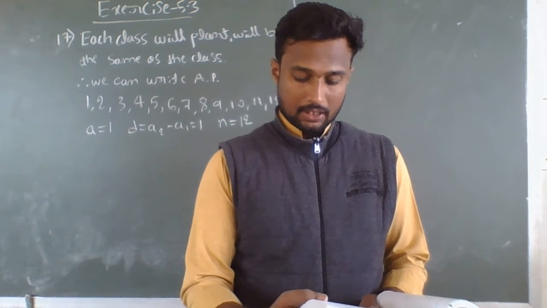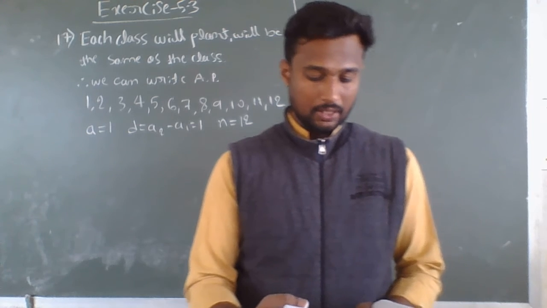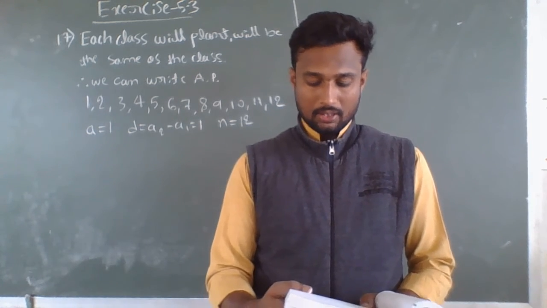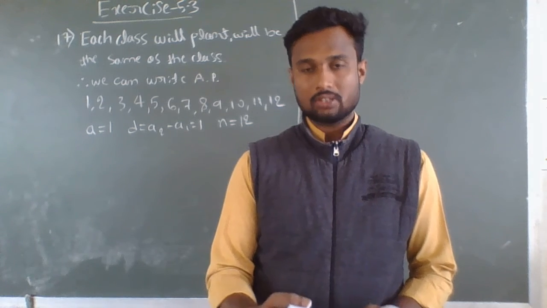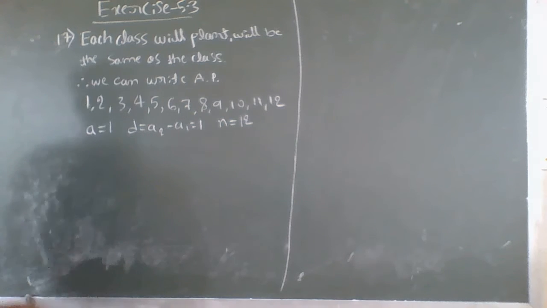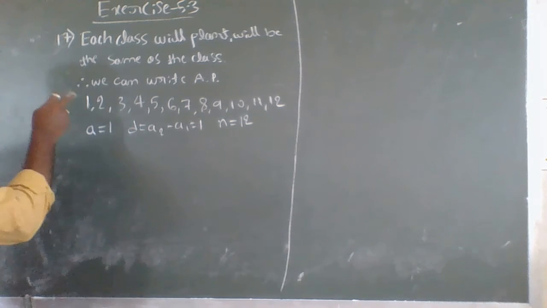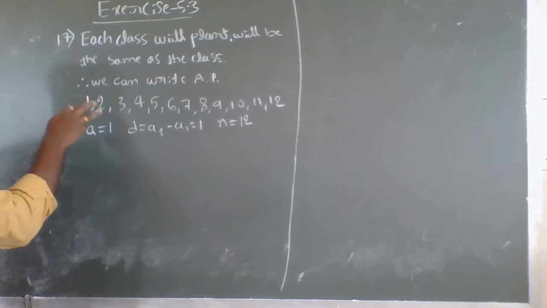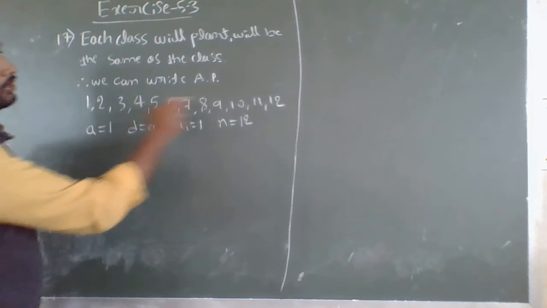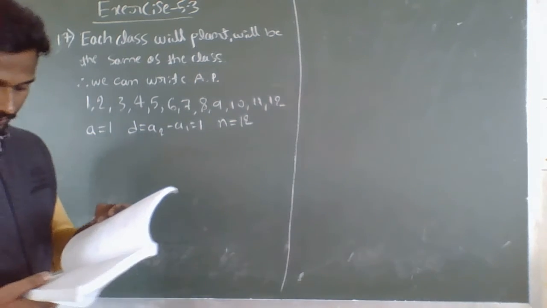Example: a section of class 1 will plant 1 tree, a section of class 2 will plant 2 trees, and so on till class 12. What they have planned? A section of class 1 will plant 1 tree, class 2 will plant 2 trees, and class 3 will plant 3. Like that only, class 12 will plant 12 trees.